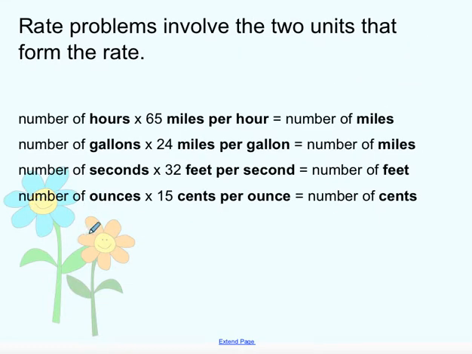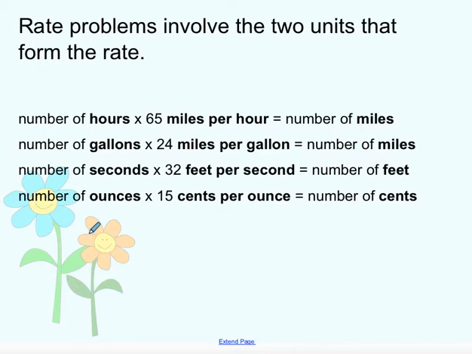When we're looking at rate problems, a lot of times hours times the rate gives us the number of miles, or gallons times the miles per gallon gives us the number of miles. When we talked about converting measures, we started looking at the fractions that we can use to convert.